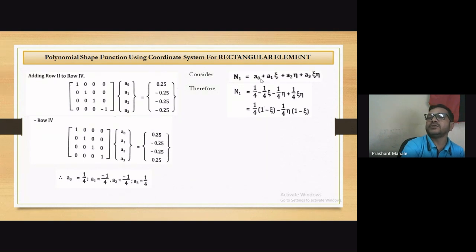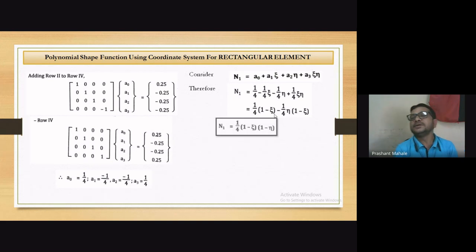Just putting the values of A0, A1, A2 and A3, keeping zeta and eta as they are, we come out to this result. After some mathematical operation on it, you receive this, and in the end you will receive the shape function 1 in terms of zeta and eta. How these shape functions help to find the intermediate values, you understood already by solving two problems.